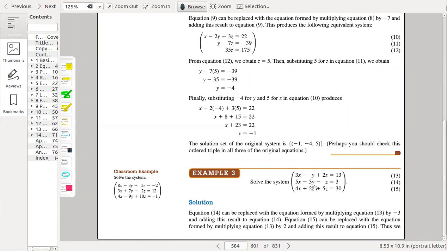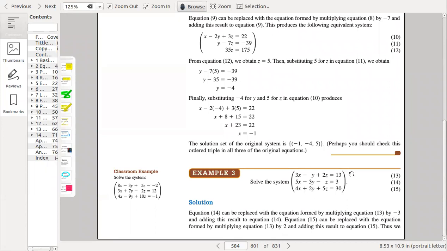So if you see, the values of y will become equal because plus 3y minus 3y. So you can equate any variable. In this operation, these coefficients of y are equal after multiplying equation 13 with minus 3. So equation 14 can be replaced by multiplying equation 13.